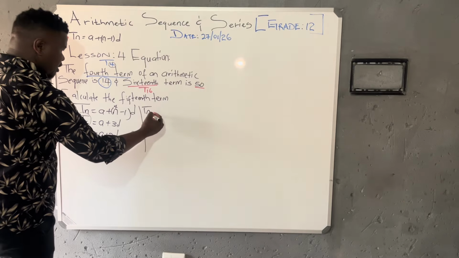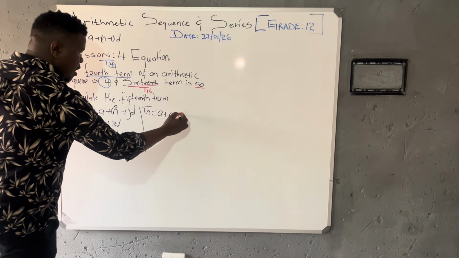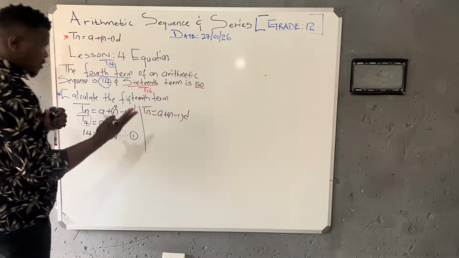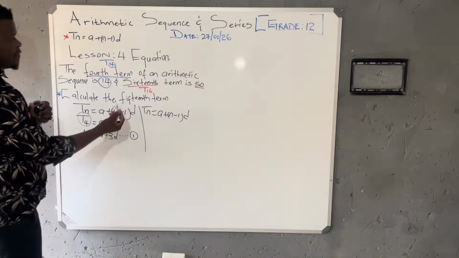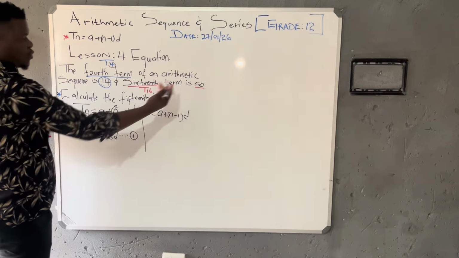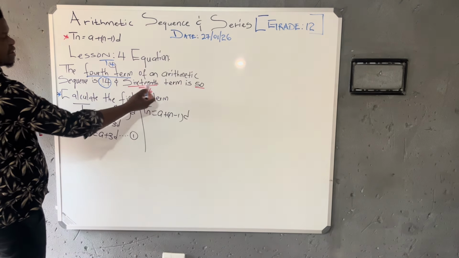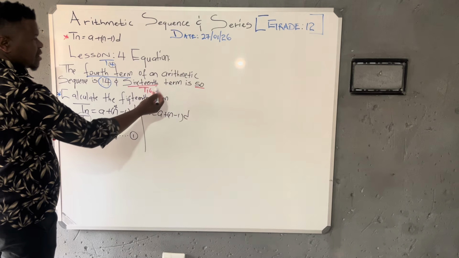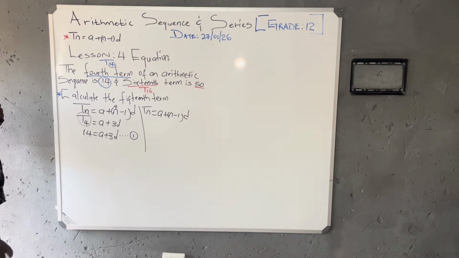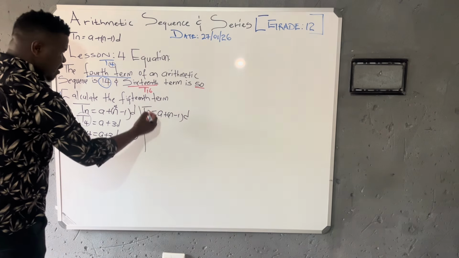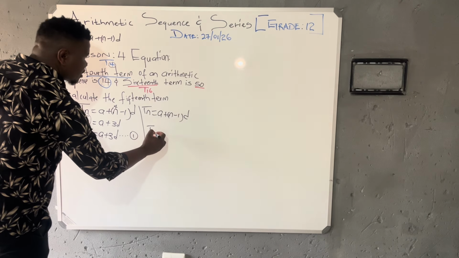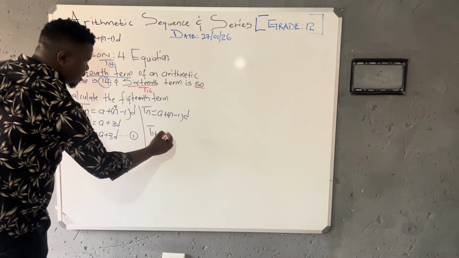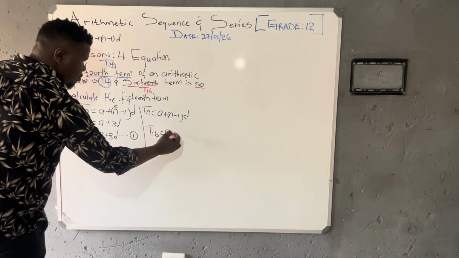Following the same formula to create the second equation. Now, I'm focusing on this part, the red one. They say the 16th term, that is term number 16, is 50. So where there is n, let's put 16. What is a? It's unknown.